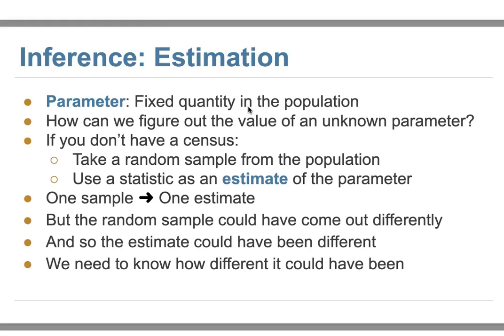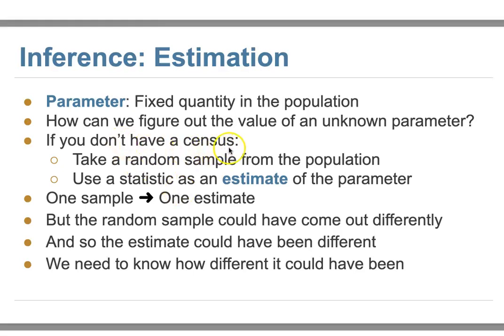But one thing we can do is get a random sample from our population, then estimate the parameter. That's how we figure out the value of an unknown parameter.